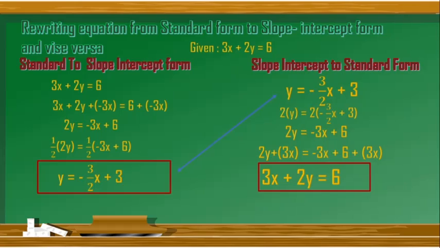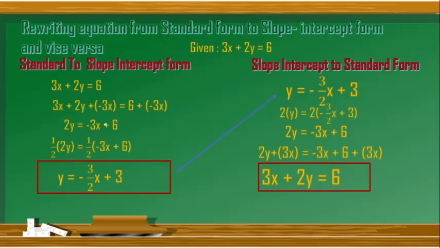Okay, so this is the summary. Here is the given, then this is the solution from standard to slope-intercept form. Upon arriving at this result in the slope-intercept form, we use it to find again the standard form.